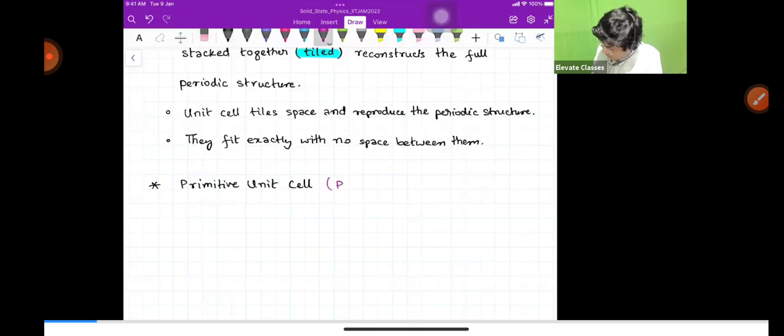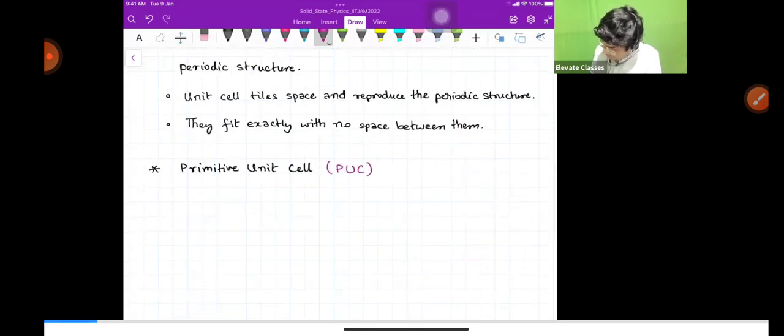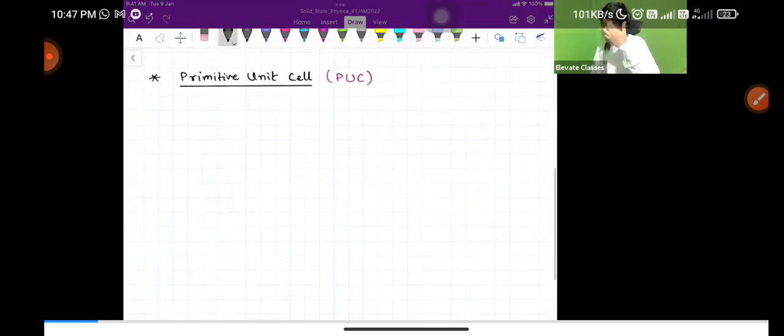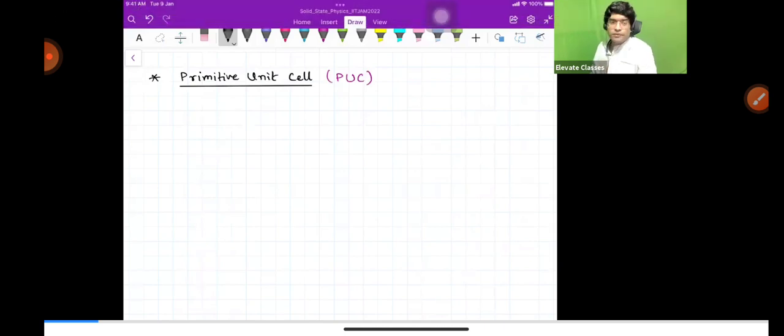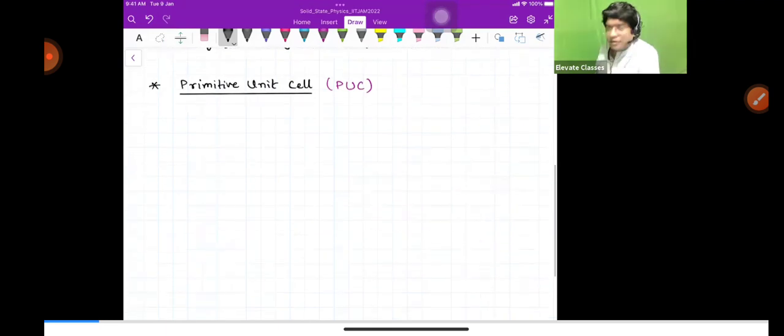This is not a standard thing, but for my lecture, I'll use PUC, mostly in diagrams. So a primitive unit cell is a unit cell containing exactly one lattice point, full stop, nothing else.